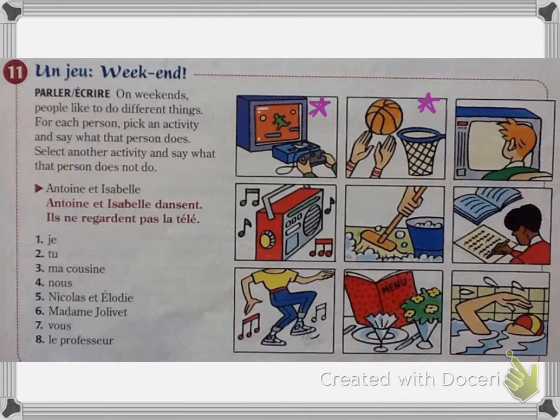Madame Joliette travaille, elle n'écoute pas la radio. 7, for vous, if we use jouer au basket and nager. Vous jouez au basket, vous ne nagez pas. Et numéro 8, for le professeur, if we use nager and travailler. Le professeur nage, il ne travaille pas.